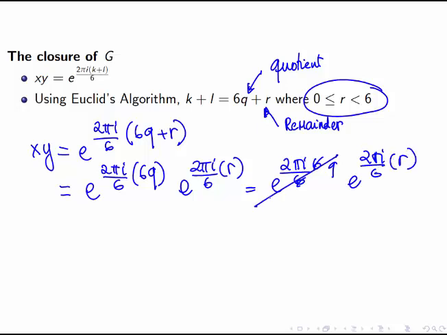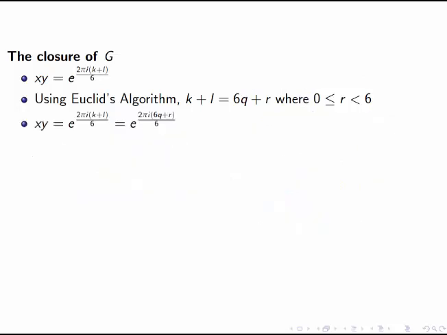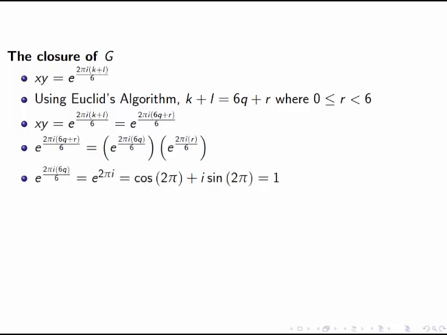And you can check that the first factor will be 1 using De Moivre's theorem. So this will give you e^(2πi r/6), where r is between 0 and 6. And so this shows that this is indeed an element of G.